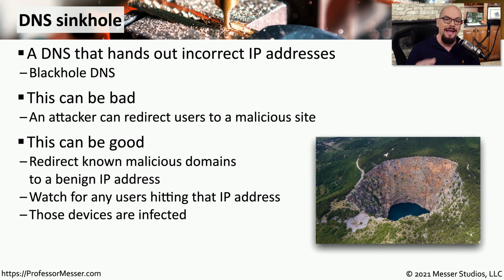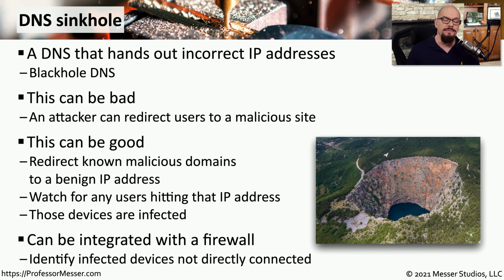So instead of allowing that user to communicate to that external server, we'll instead configure a DNS sinkhole. And if anyone ever requests the IP address of that malicious site, we will provide it with an IP address of a machine inside of our location that we can then create a report on to determine who might be infected with this malware in our organization.